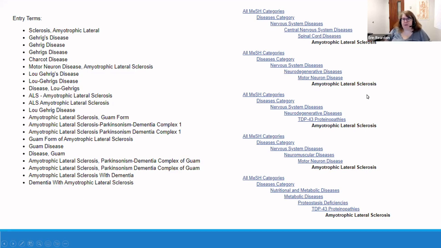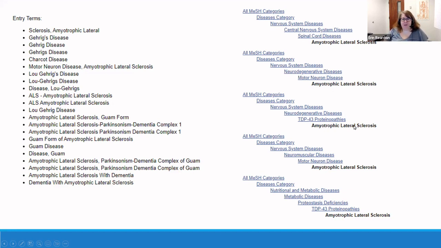And then if you scroll down a little bit further, you would see how the term is organized in the MeSH database. This is actually found in a couple of different places in the database. It's found under spinal cord diseases, which is under central nervous system diseases, which is under nervous system diseases, which is under diseases. It's also listed under motor neuron disease, which is under neurodegenerative diseases.